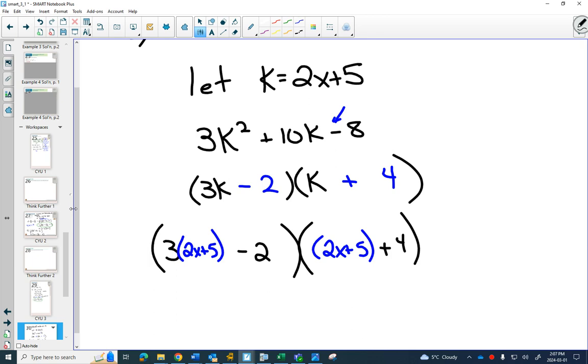Now, if we combine our like terms, in this first set of brackets, I'd have 6x plus 15 minus 3, which will be 6x plus 13. And then in the next one, I have 2x plus 5 plus 4, which would give me 2x plus 9.